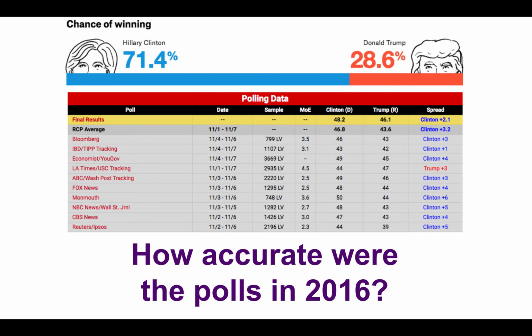And what's worse about looking at national polls like this is that the presidential election does not come down to a national vote. Look at the averages here. Did Hillary Clinton have more votes than Donald Trump in 2016? Yes. But that doesn't matter. All that matters is state voting because of the Electoral College.